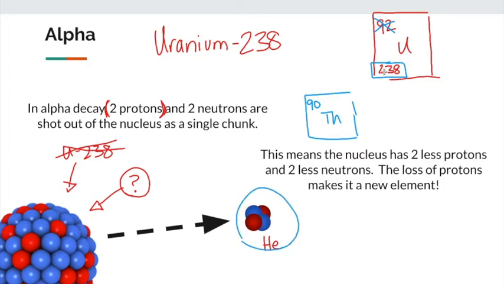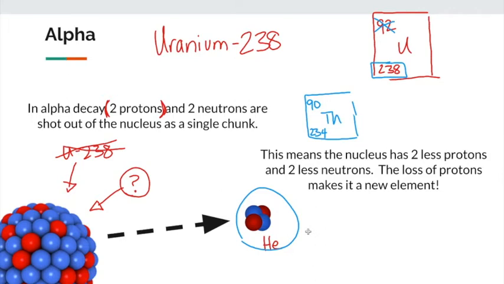So if 4 shoot out, that number will drop by 4, and this would be 234. So, if the question said uranium-238 emits an alpha particle, what does the uranium become? The answer is thorium-234. It actually changes elements because of the radiation that it emits.